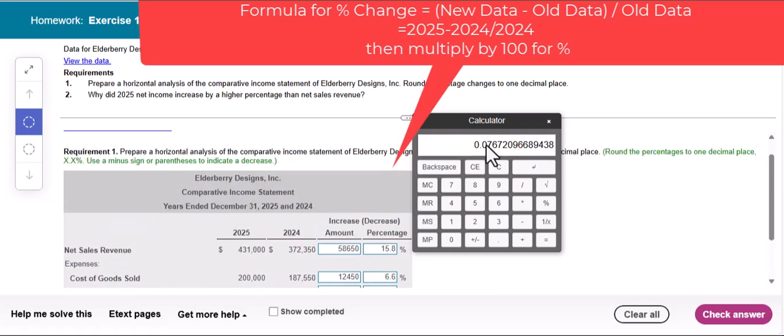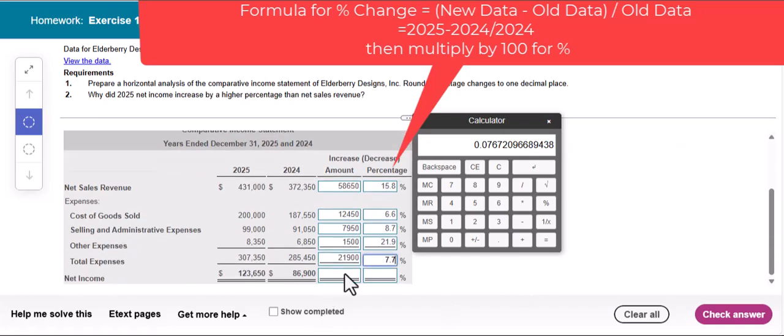So let's keep going. We've got our net income here, so an increase overall as well. Let's see what that amount is. So the new year's amount of 123,650, subtract 86,900, and that is going to give us a total amount of 36,750. Go ahead and enter that in.